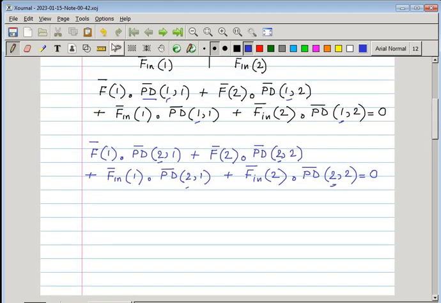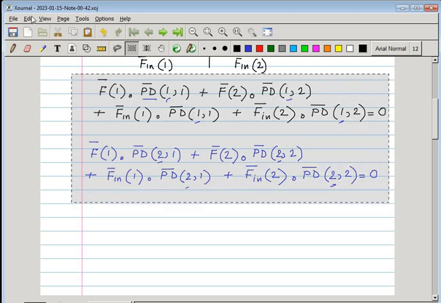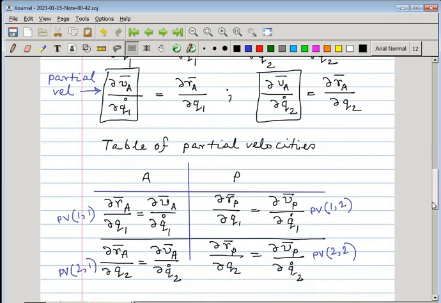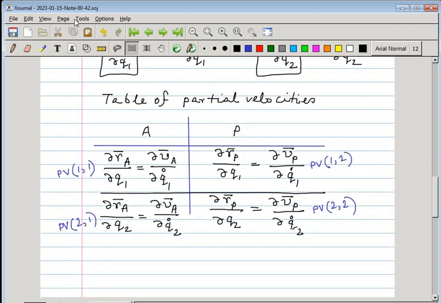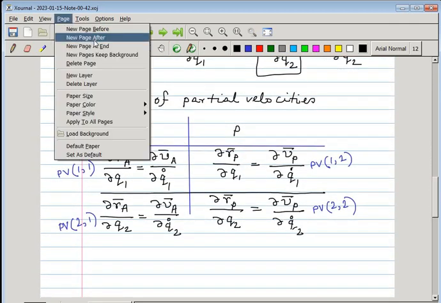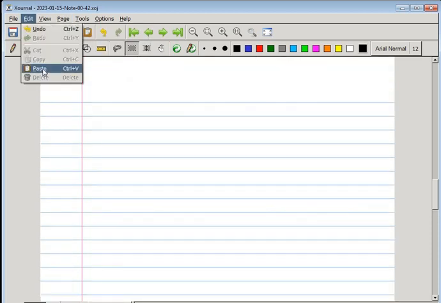So now the two equations are, let me copy, come over here, new page, edit, paste.